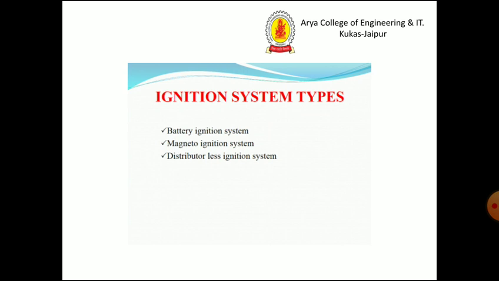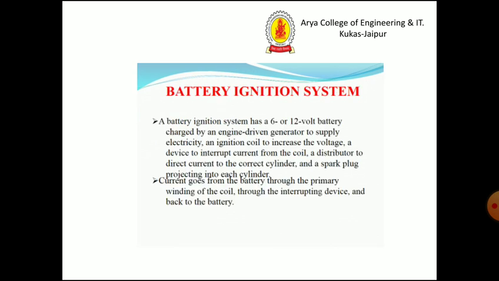There are generally three types of ignition systems: battery ignition system, magneto ignition system and distributor-less ignition system. A battery ignition system has a 6 or 12 volt battery charged by an engine-driven generator to supply electricity.